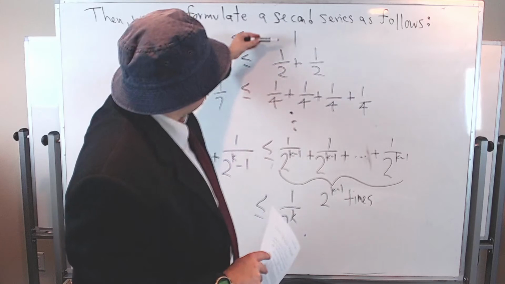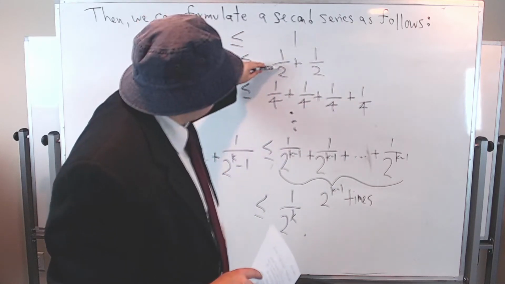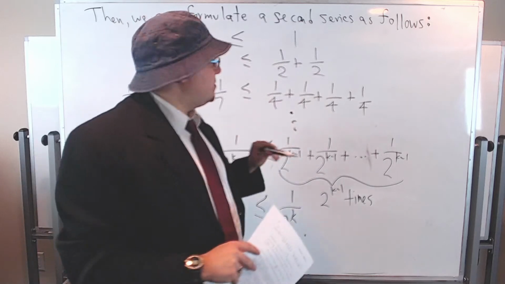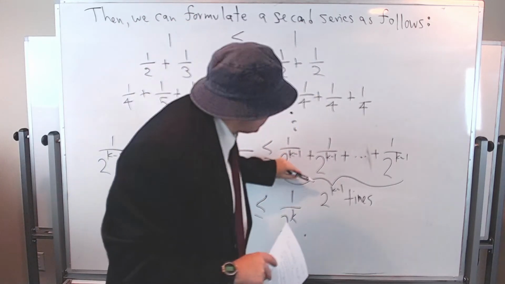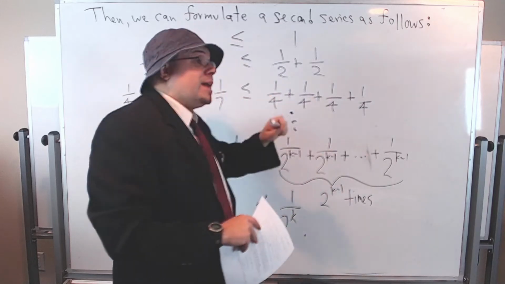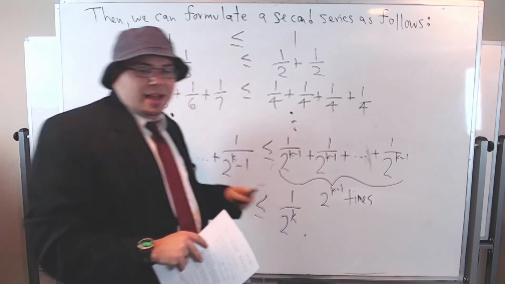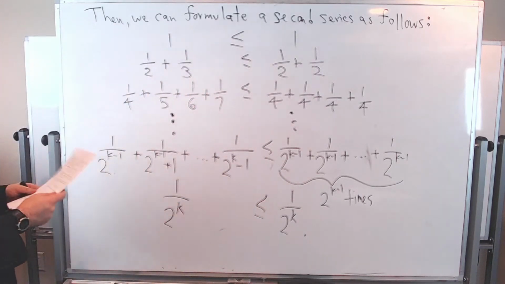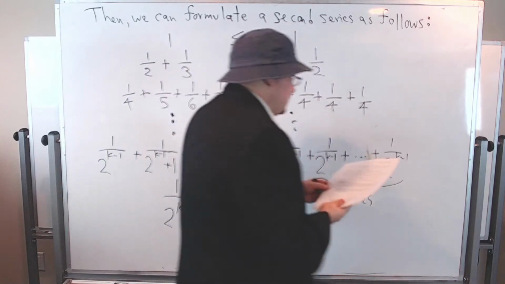So this is constructed by writing out the powers of 2, the number of times this number appears. So I write this out twice. I write this out 4 times. I write this 2 to the power of k minus 1 times. Then I append the final term of the original series that I have. So what am I going to do now?